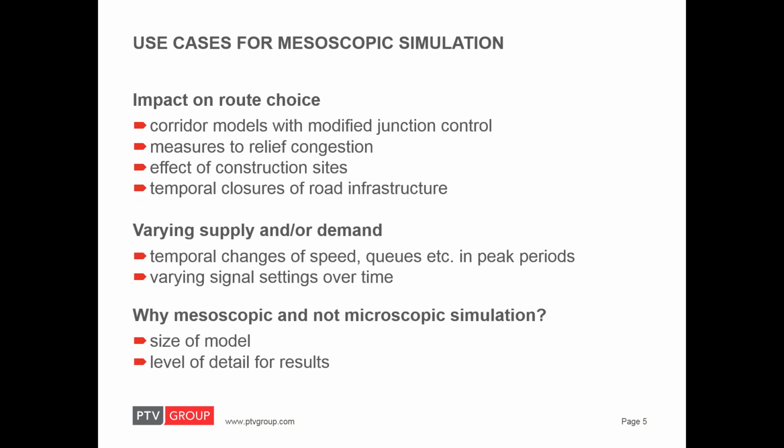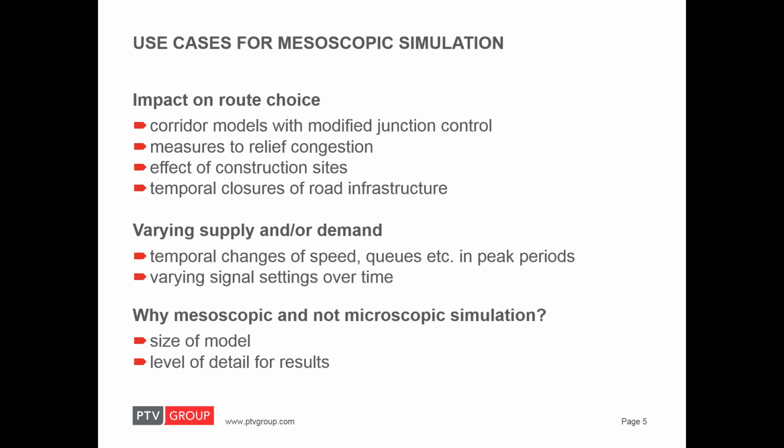First of all, the size of the model. If we talk about route choice, we talk about dynamic models, and the iterative dynamic traffic algorithm is quite time-consuming. And second, the level of detail for the results. If you don't need results for individual vehicles, but are satisfied with aggregated quantities over short periods of time, say 3 to 5 minutes, then micro is not necessarily needed. So the choice is mainly determined by the requirements with regard to runtime and the detail of results.